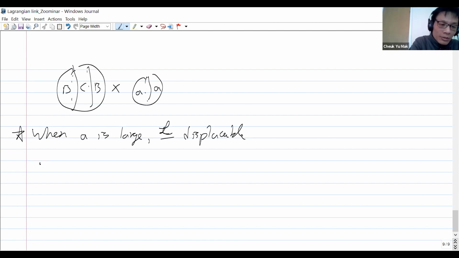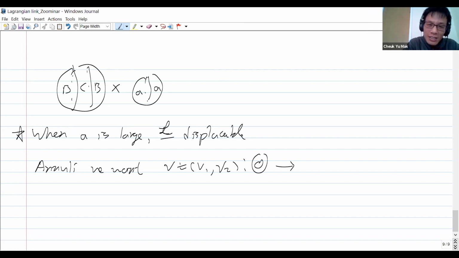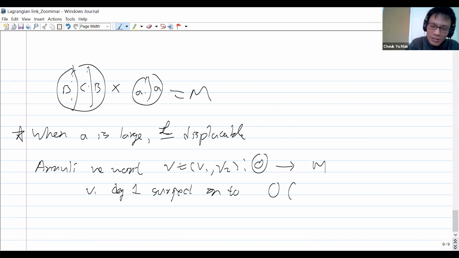It turns out that for the superpotential, the annuli that we want are maps V1, V2 from an annulus to this guy, M. V1 is a degree 1 map surjecting onto the middle region, as you can expect, but the second map is a degree 1 map surjecting onto a hemisphere.